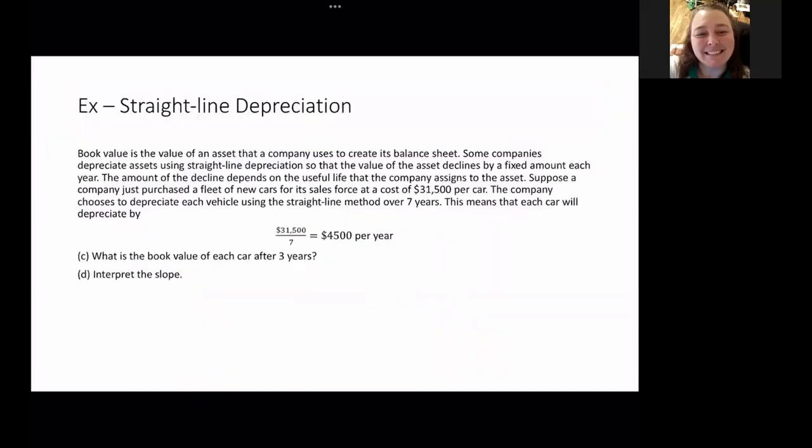Now, for part C, it asks what is the book value of the car after 3 years, and then we want to interpret the slope. So our equation, again, remember, v of x is equal to minus 4,500 x plus 31,500. That's our equation from part A. We want to know when x equals 3 years.